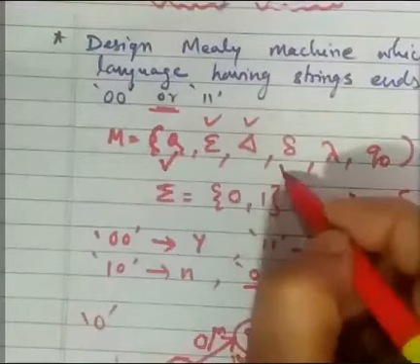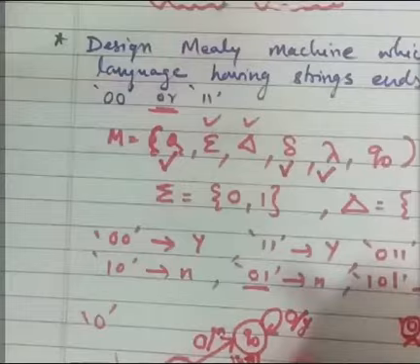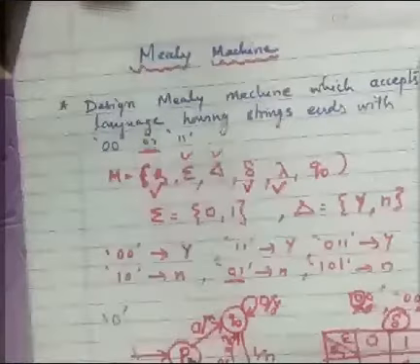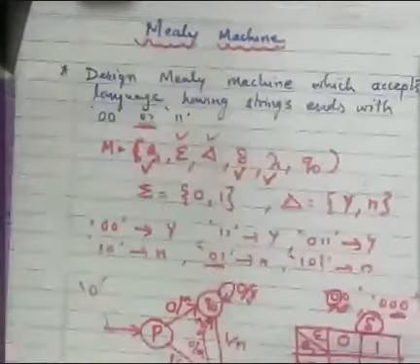Just now we have completed. Lambda function is defined. What about Q0? It is the initial state. So here Q0 is nothing but, in my diagram, P, the initial state. So in this way, I have designed the Mealy machine. Is it clear?